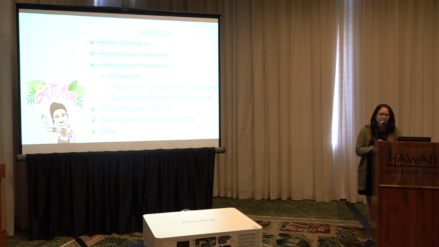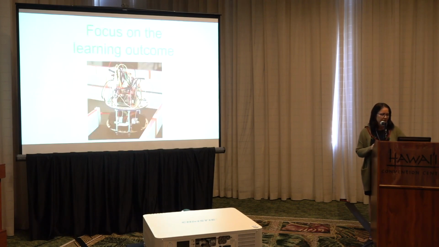We're going to focus on the learning outcome. I'm talking about a strength-based approach, and it's critical to support our neurodiverse students that we focus on their strengths. But it's also important that we don't lose sight of good, effective teaching. So we want to ask ourselves, am I teaching often the way that I learned best?